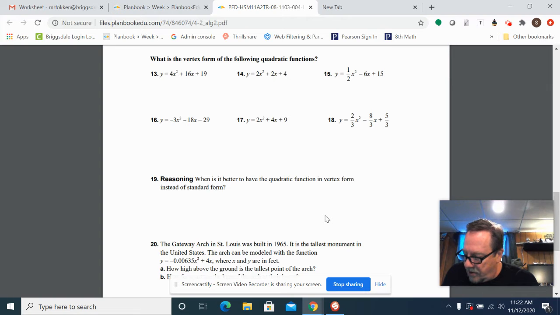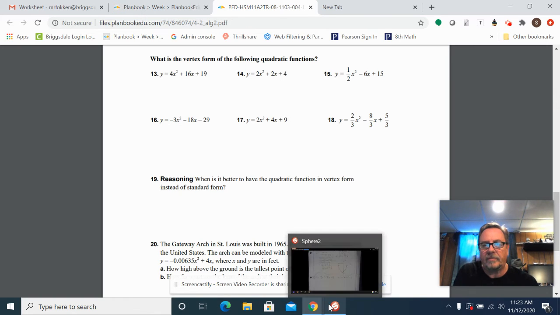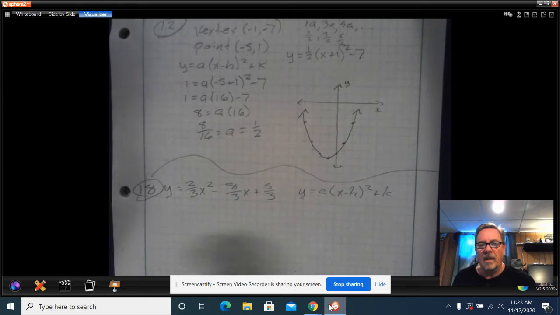y is equal to 2/3 x squared minus 8/3 x plus 5/3. Groovy. All right. Recall, we're trying to get y is equal to a times x minus h quantity squared plus k, trying to make it look like vertex form here. So we're going to go from here to here.